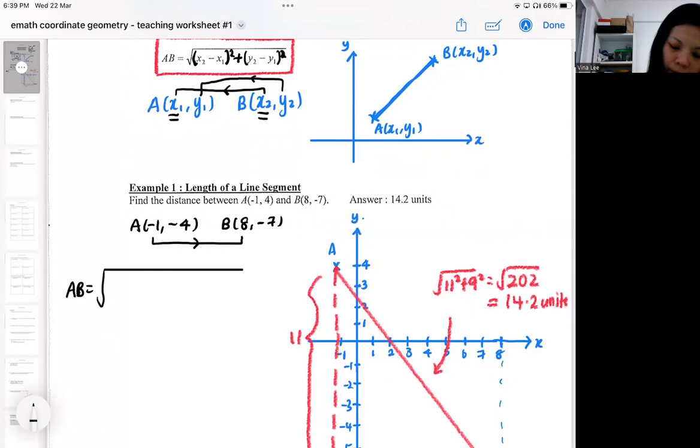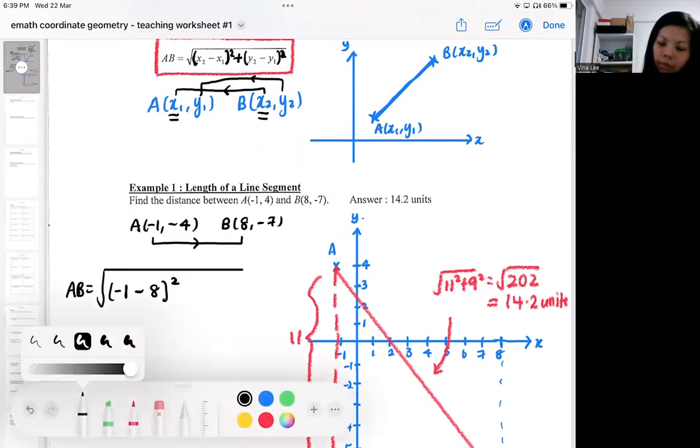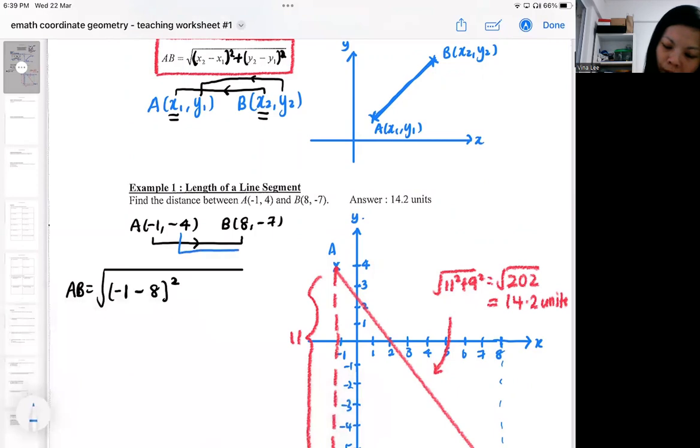So I prefer to subtract -1, -8, and then I square it. So I subtract the x coordinate. I also subtract the y coordinate. Be careful when you're subtracting the y coordinate. -4 minus, there is a minus already.